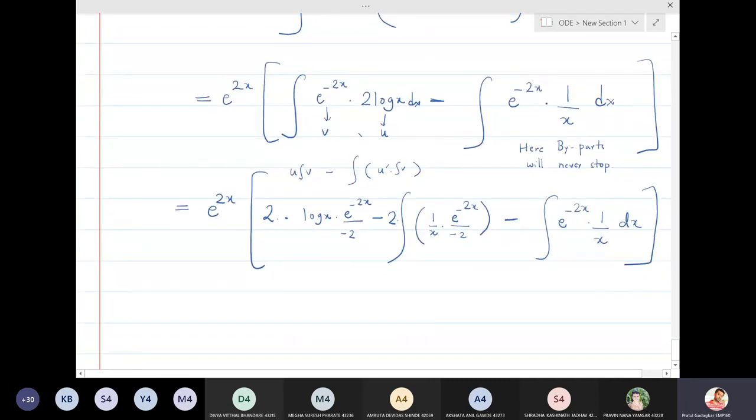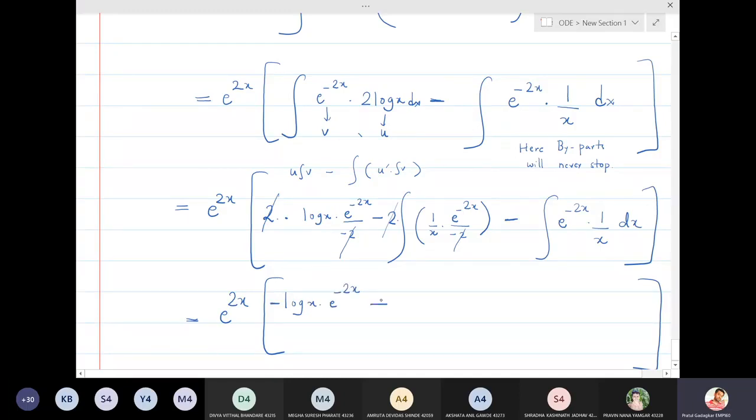What has happened because of this is that this 2 will cancel. This 2 and 2 is also getting cancelled. Eventually I've got log x e raised to minus 2x with the minus sign.